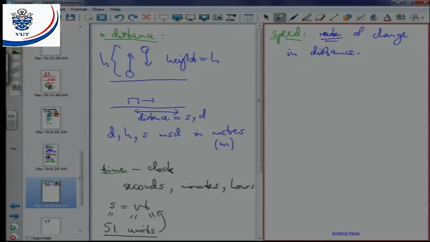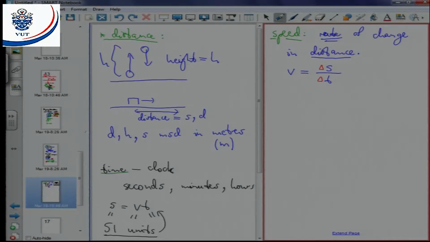So then speed normally is given by a v. So then our v is equal to the rate of change in distance. So that means I have distance over time. And normally people would then put some deltas to show that this is change.